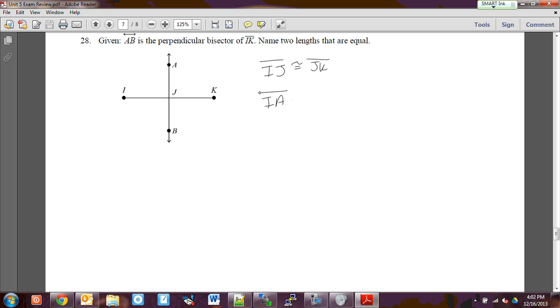So we know that IA is congruent to KA. And B is also a random point we picked, so we know that IB is congruent to KB. All right. So any one of these would have worked because all it says is name two lengths, and any one would have been counted as correct.